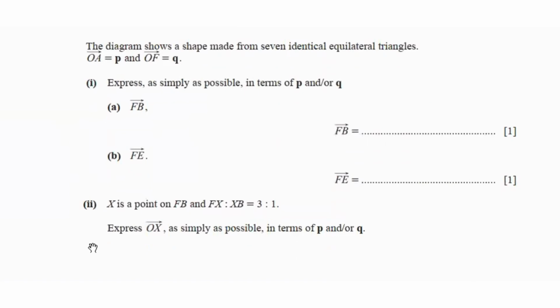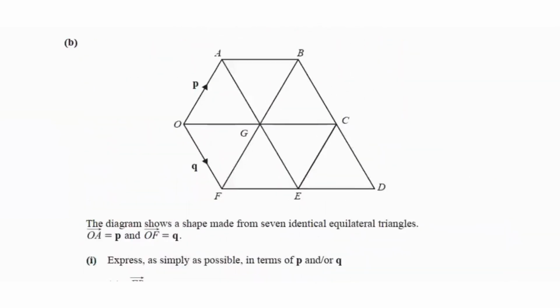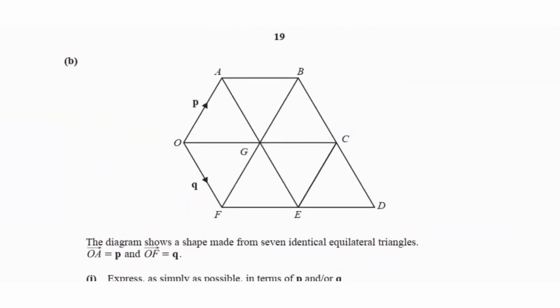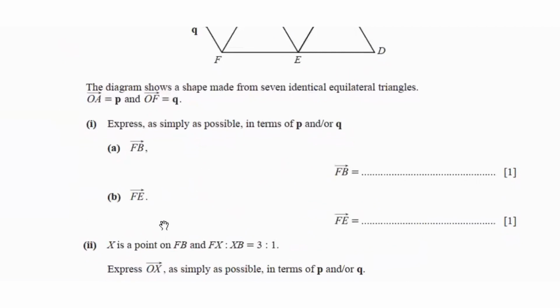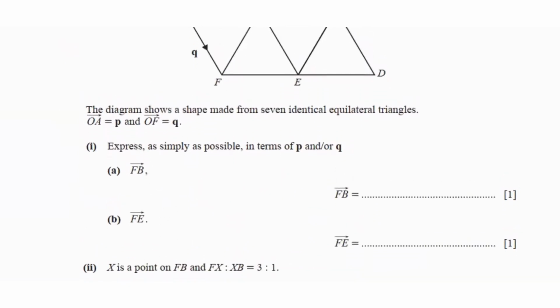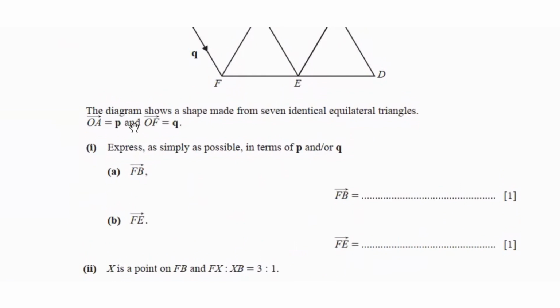Then X is a point on FB and FX to XB is 3:1. Express OX as simply as possible in terms of P and or Q. So OX is basically, X is a point on FB such that FX to XB is 3:1.